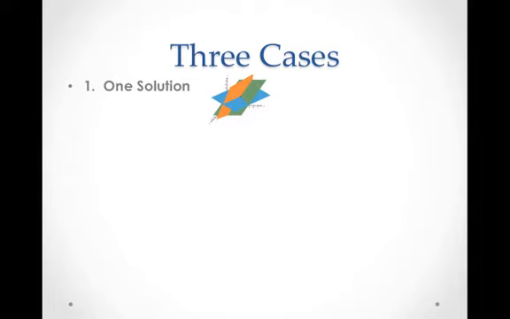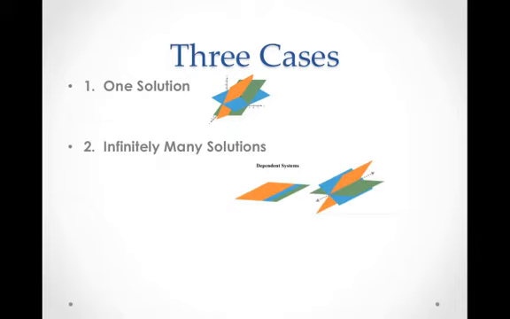All right. So there's three cases. There's one case where you have one solution, and that's where you're going to have that ordered triple x, y, z. And you can see there you've got three planes intersecting in a single point, and that is one case. There could be infinitely many solutions where all three planes either lie right on top of each other or where they form a line.